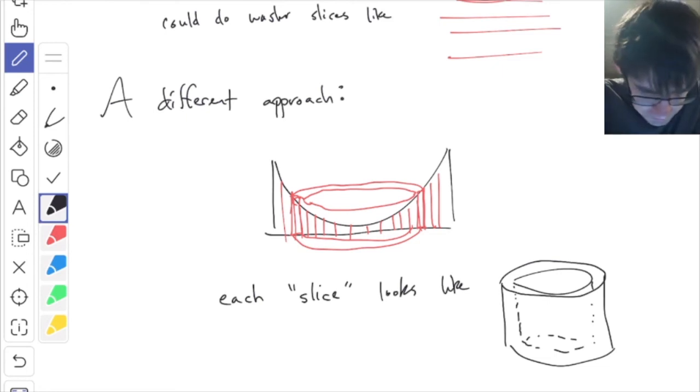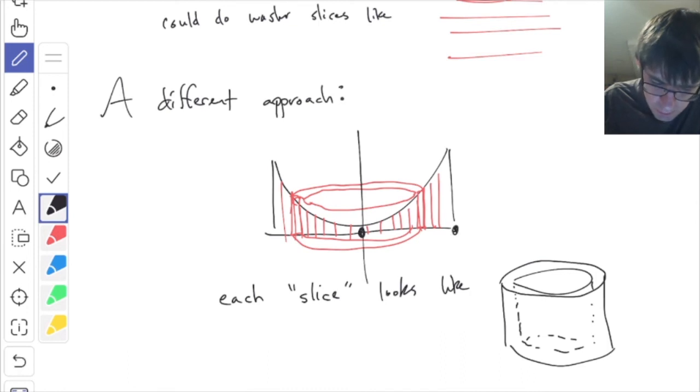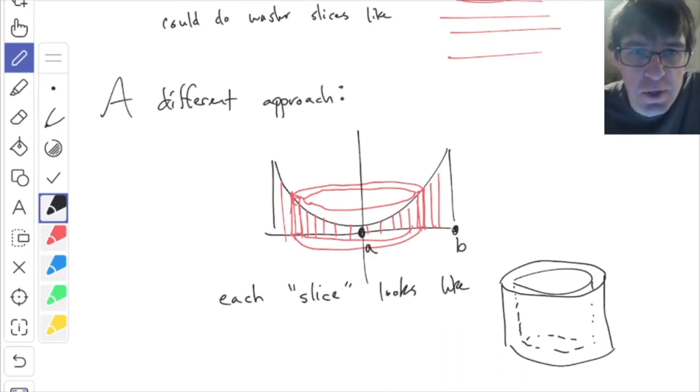All right. Each slice looks like one of those, and so the integral that you do would be set up in this way. You choose these two points as your a and b. Now on my picture it looks like 0 and 1, but in general you choose just whatever points you need.